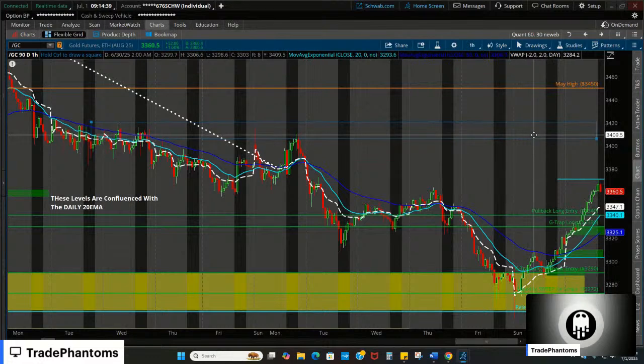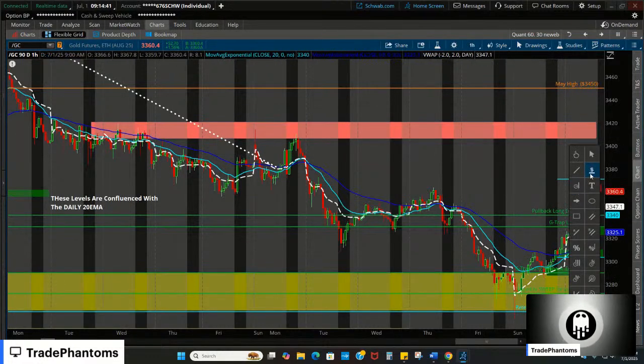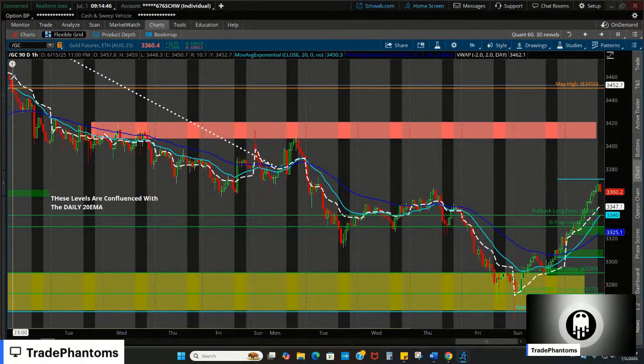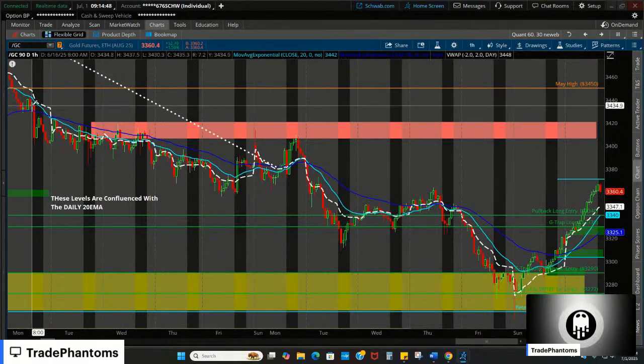I'd be extremely careful with this level. You almost want to look for fresh liquidity above here, probably a ton of stop losses here, and look for this drop, this drop right above here. Call it 3434 handle.